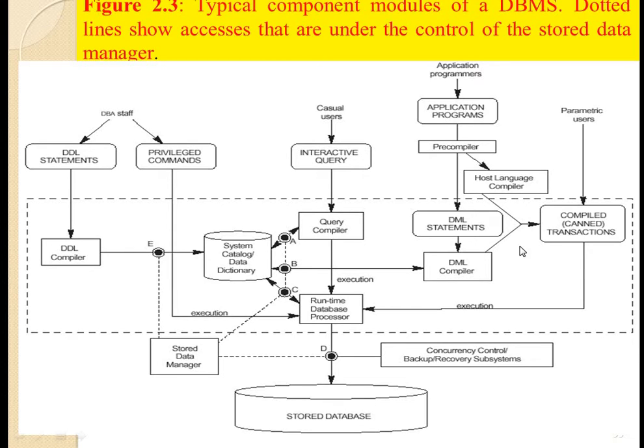Finally, it is taken by the compiled transaction and execution begins by the processor. Finally, the data is stored inside the database. So what happened in this? We also have the parametric users who are responsible for the canned transaction. In between, we have this dotted representation.